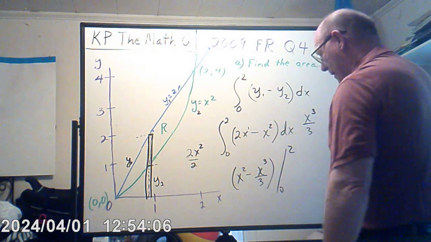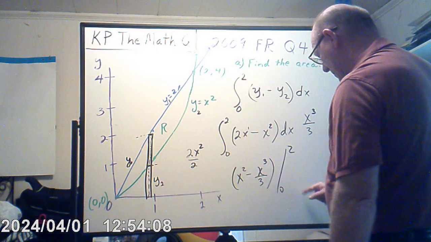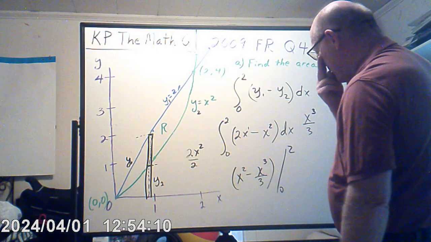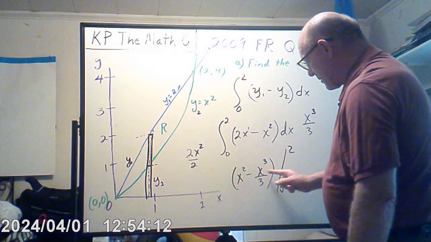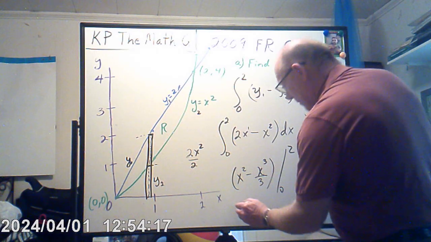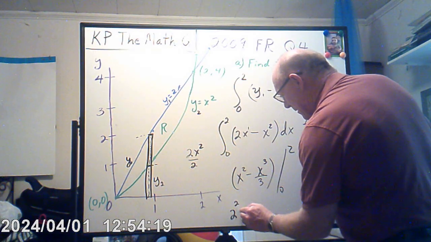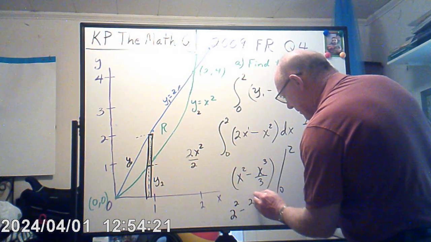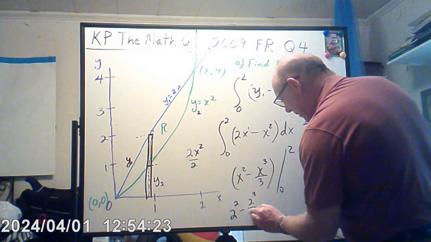And we're going from 0 to 2. Plugging in 0 will just make 0, so we're not worried about that. What we have here is 2 squared minus 2 cubed over 3.